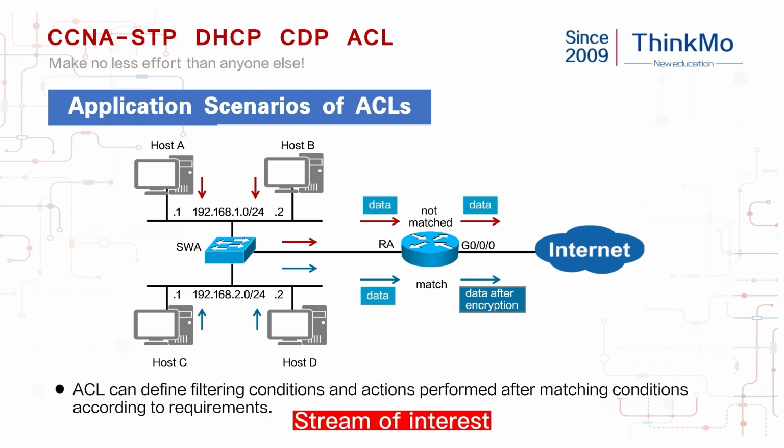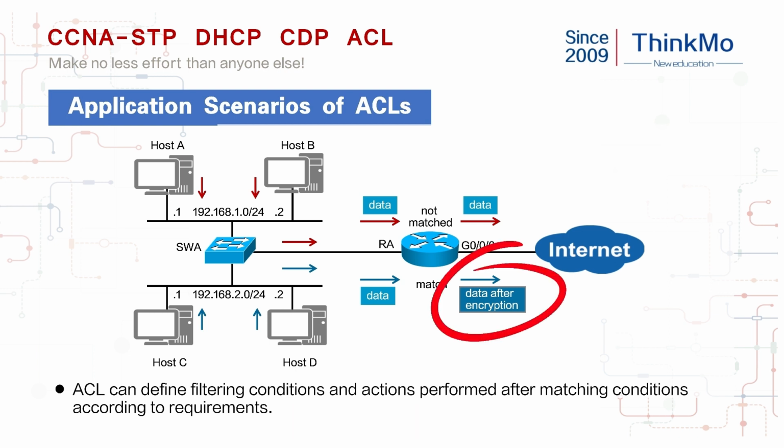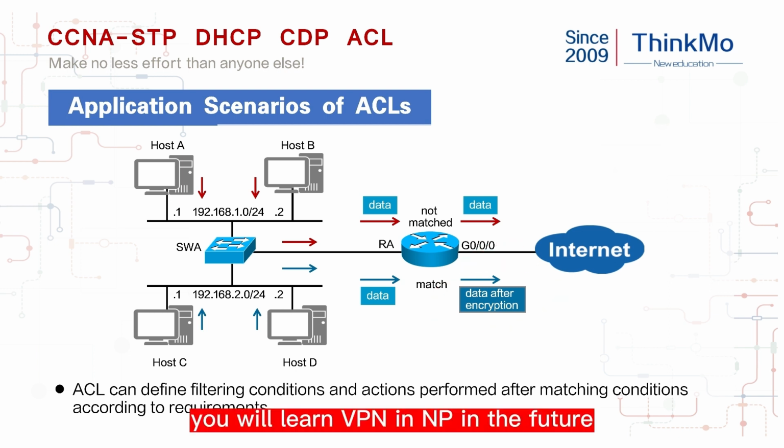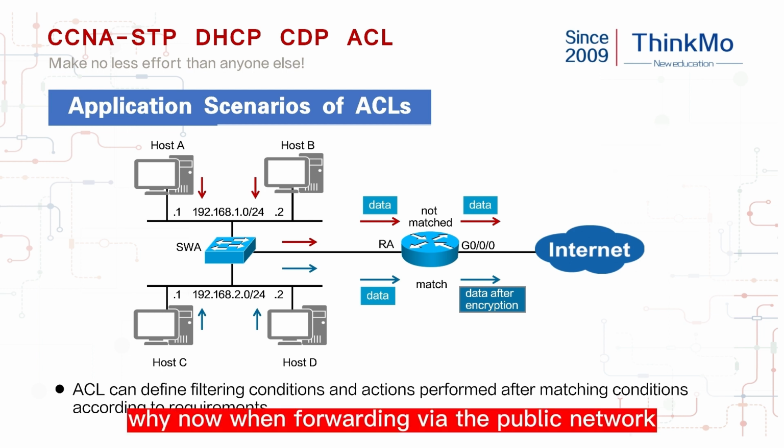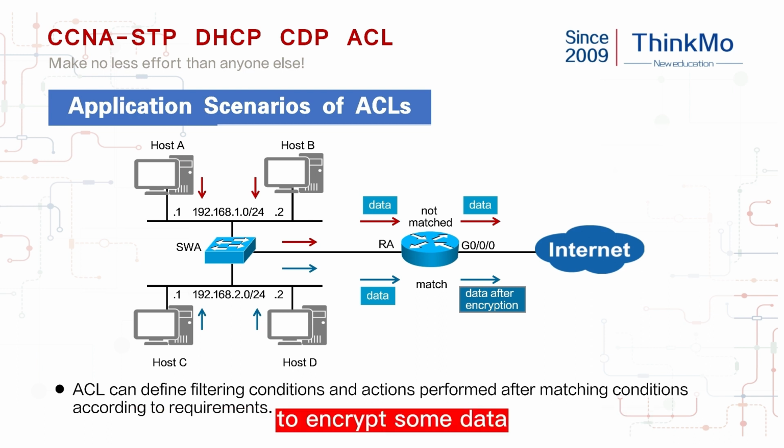The blue one is the 2.0 network segment. Stream of interest is a name for flow. After matching, you will find it encrypts this data. You will learn VPN in NP in the future. Then you will know why now when forwarding via the public network to encrypt some data.